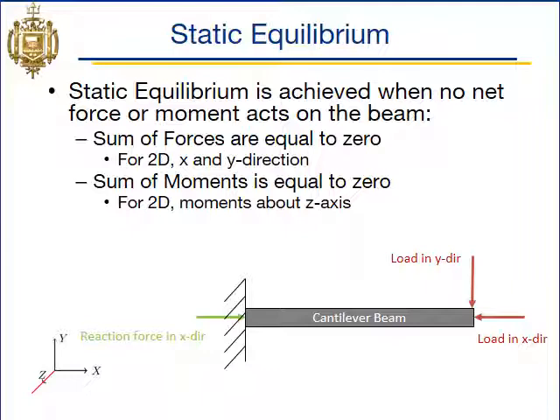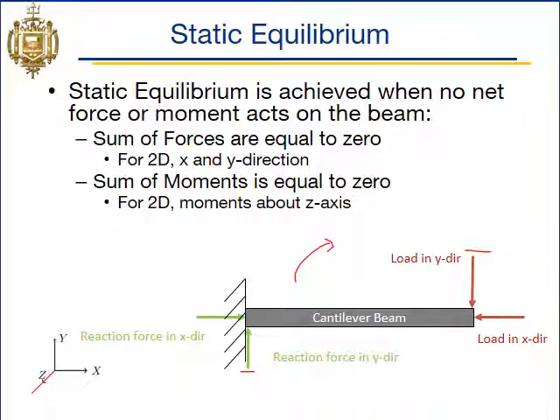We add a load in the y direction to the end of the beam, or any spot on the beam. We'll just say the end in this case. We need to have a reaction force also in the y direction to make sure that this cantilever beam isn't just going to fall straight down. And so this may, to some people, look like it's in static equilibrium, but we know that it's not, right? Because the combination of our reaction y force and our y direction load is going to cause rotation in this direction.